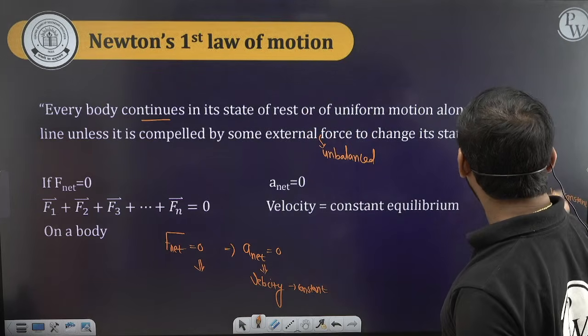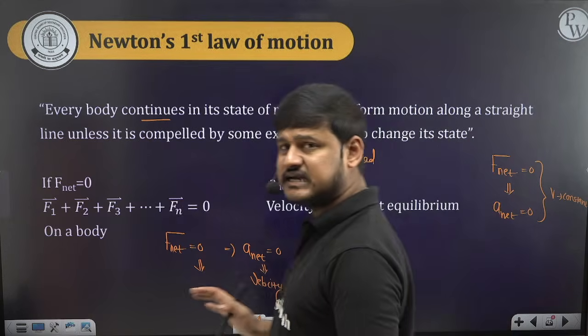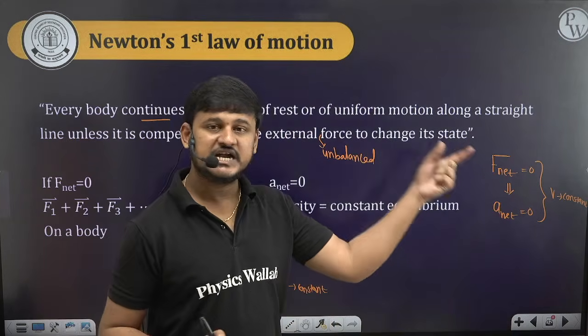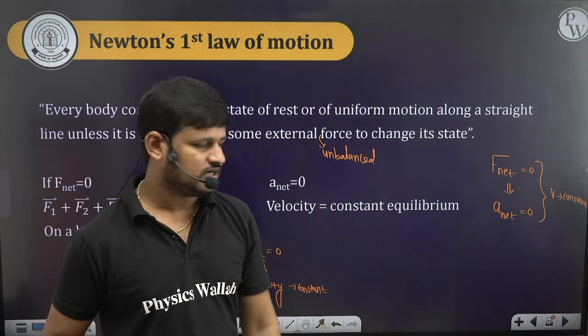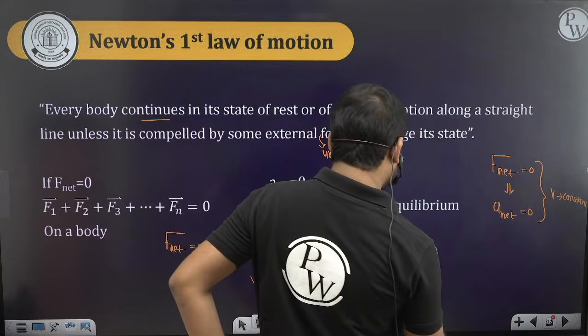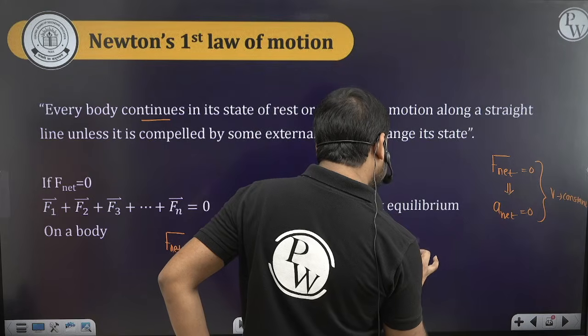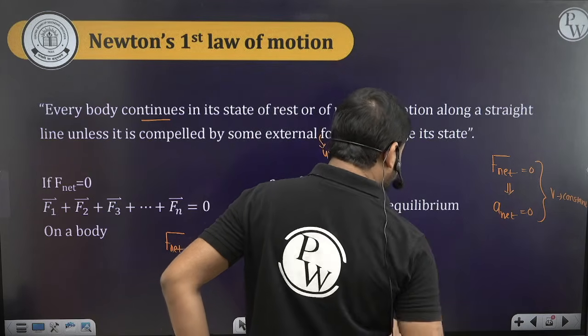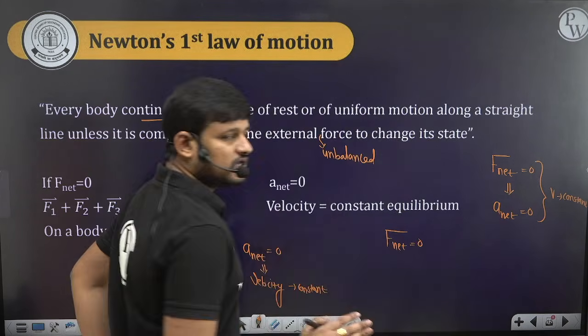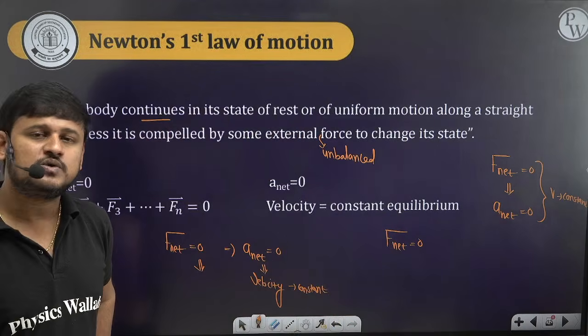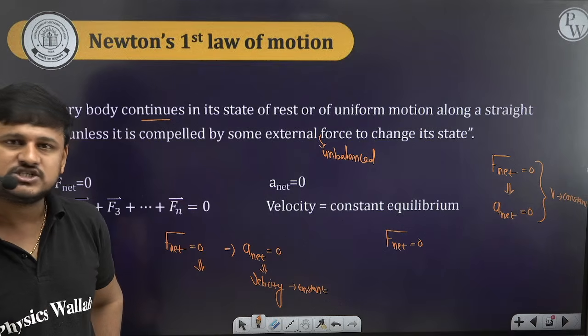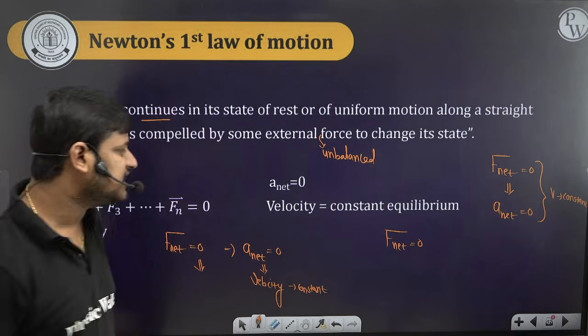But here, how do we understand the equations and solve the questions? That's important. Whenever the net force acting on the body is 0, it means the force acting in the horizontal direction is 0, the force in the vertical direction is 0, and the force in the Z direction is also 0.